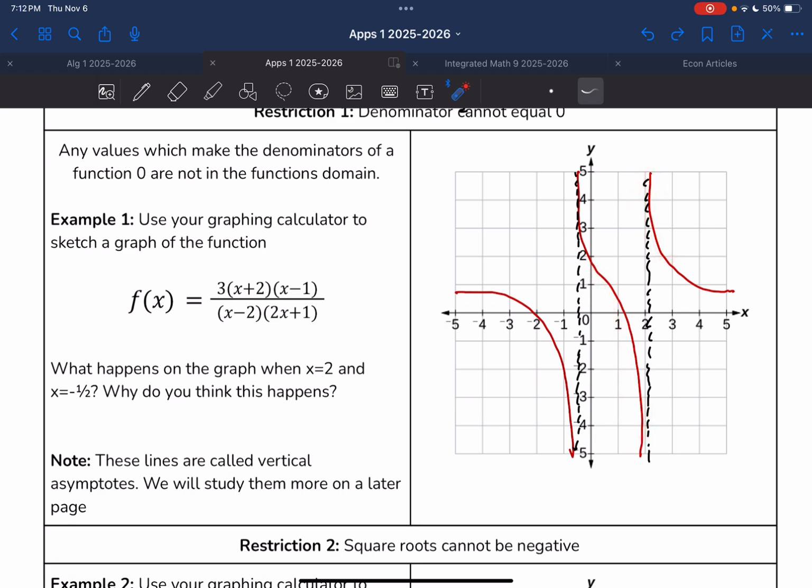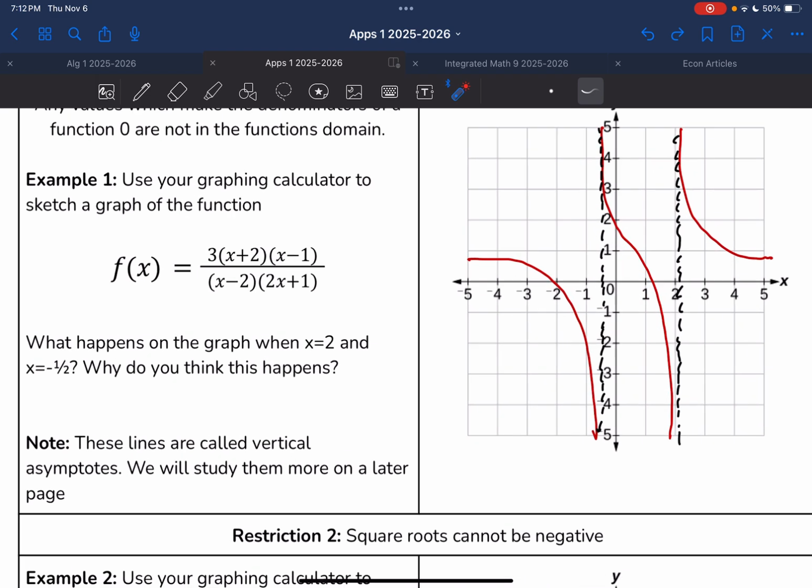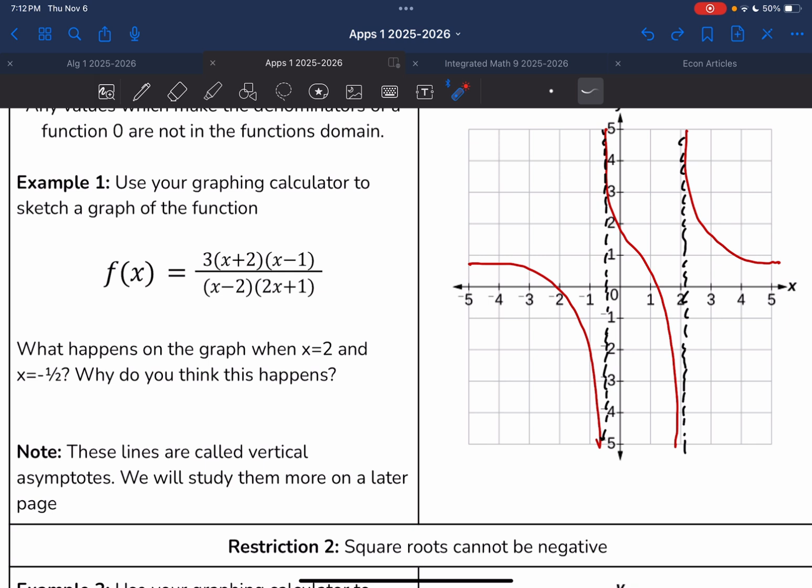The reason why that happens is because if we think about plugging those values into the function, and we try to find f of 2, then we're going to get 3 times 4 times 1 in the numerator, over 0 times 5. Well, that's 12 over 0, which is undefined. You can't divide by 0.